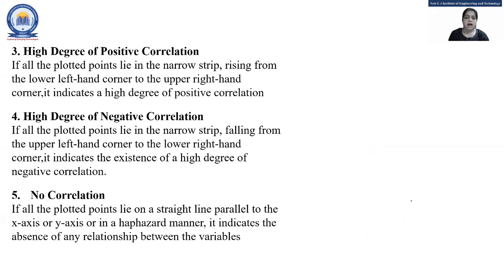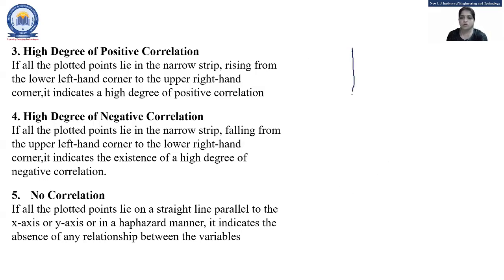The third one is high degree of positive correlation. If all the plotted points lie in a narrow strip rising from the lower left hand corner to the upper right hand corner, it indicates a high degree of positive correlation.